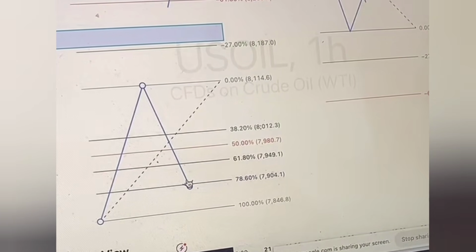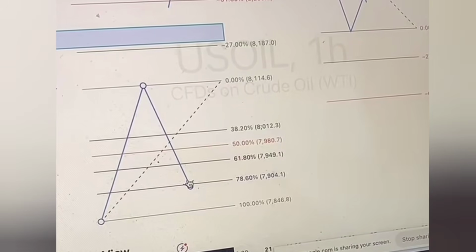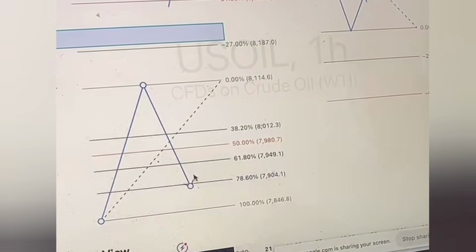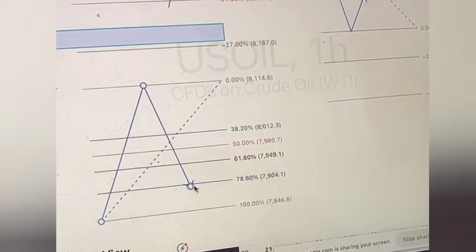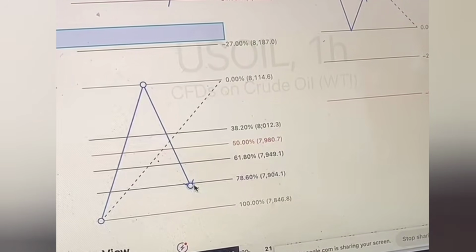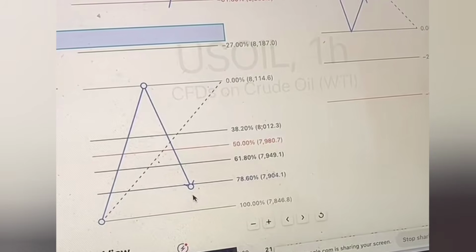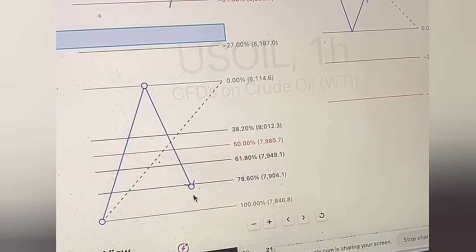People who bought at 61 are re-entering position again. While you are waiting for 78, once you enter at 78, the market starts turning back. It's not because of you buying from 78, it's because people have been stacking buys from 61 down to 78. So that is why most times the 78 gets a rejection.